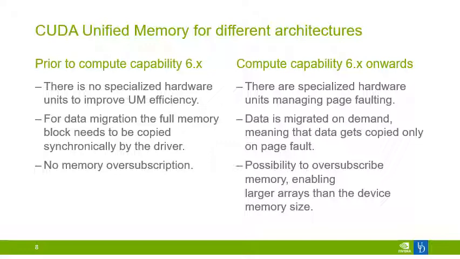From compute capability 6 and onwards, there are specialized hardware units managing page faulting. Data is migrated on demand, and there exists the possibility to oversubscribe memory, enabling larger arrays than the device memory size.